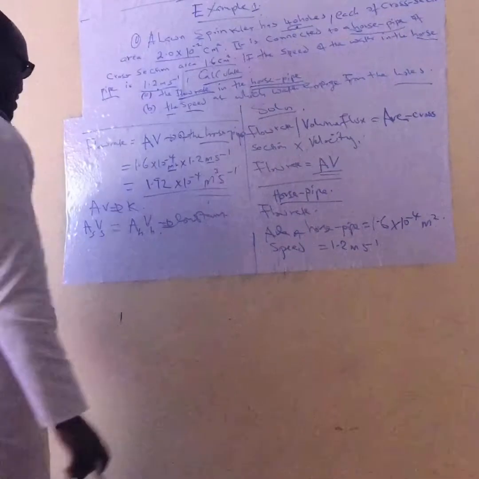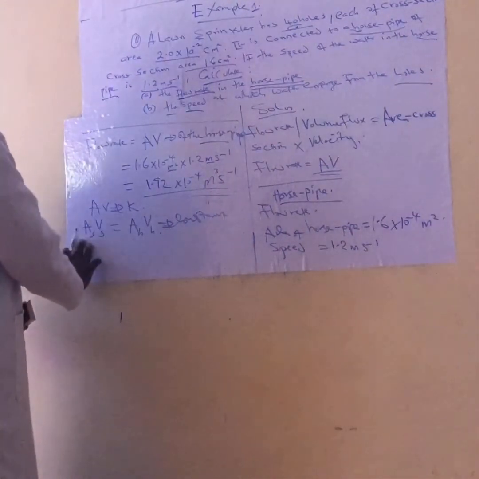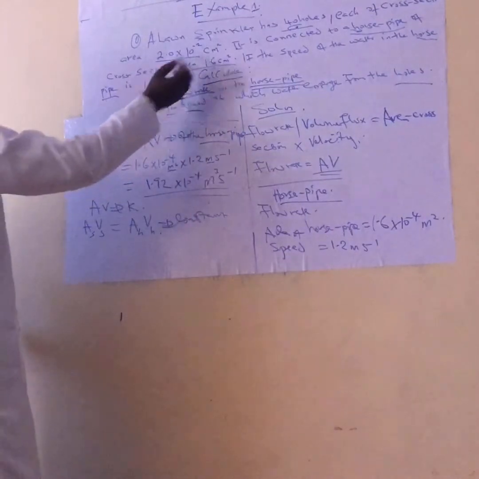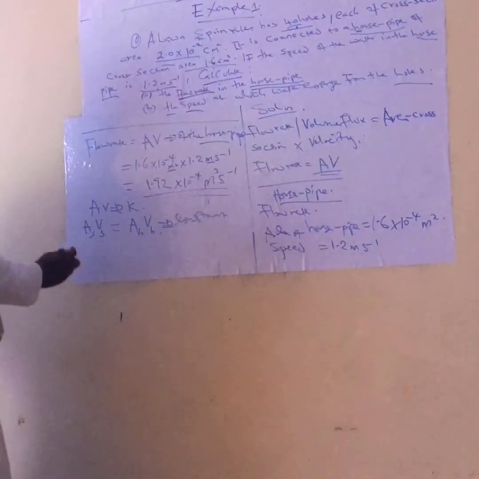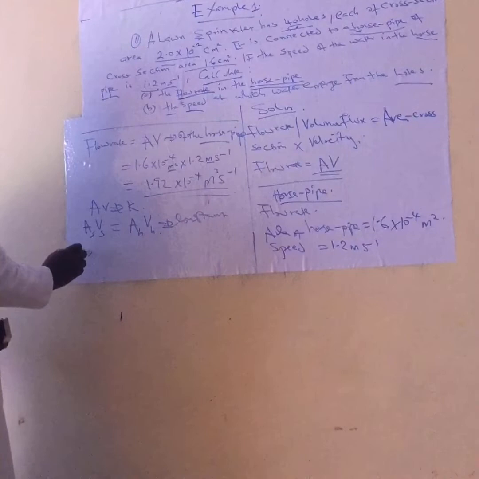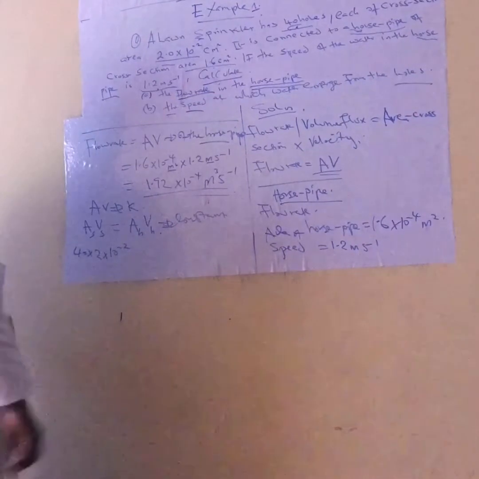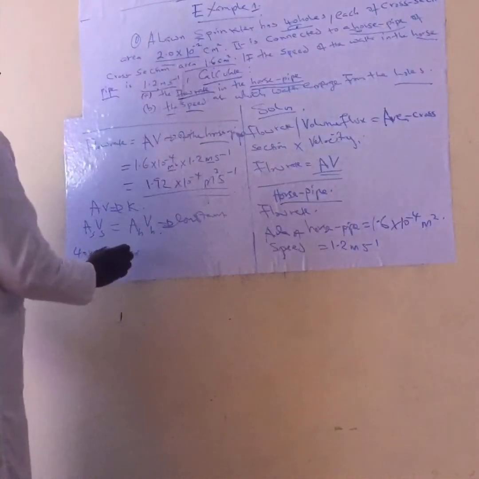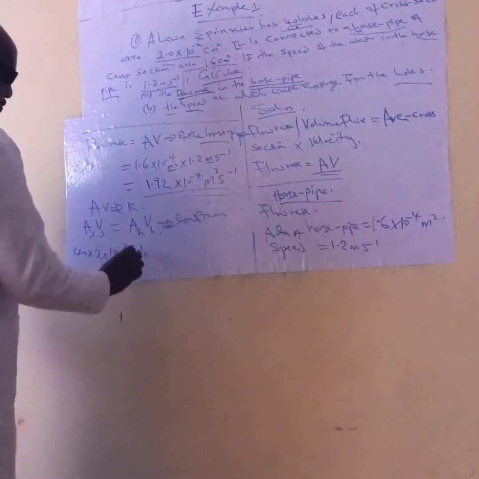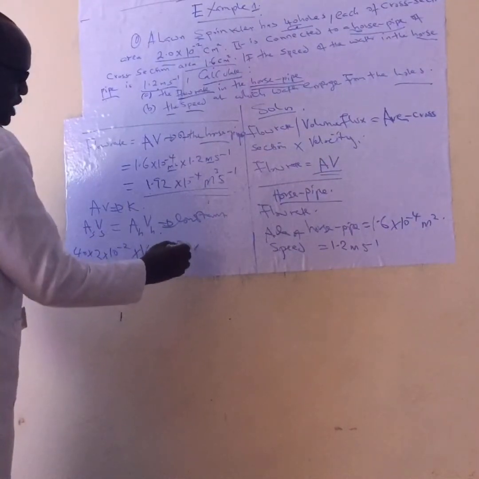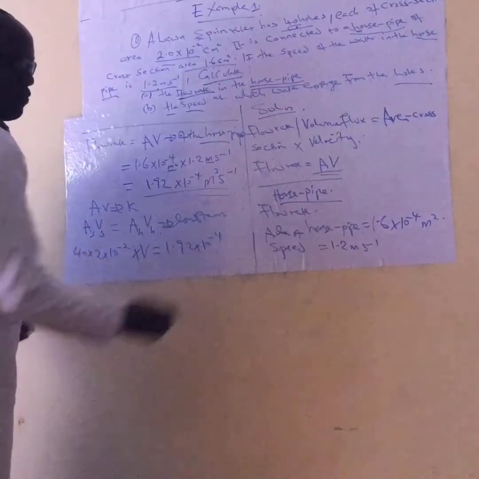If that is the case, then we can equate the two. So from the hose pipe, the area is this, the hole, but we have 40 holes, meaning that we're going to say 40 multiplied by 2 times 10 power negative 2 multiplied by v, which we don't know, must be equal to 1.92 times 10 power negative 4.